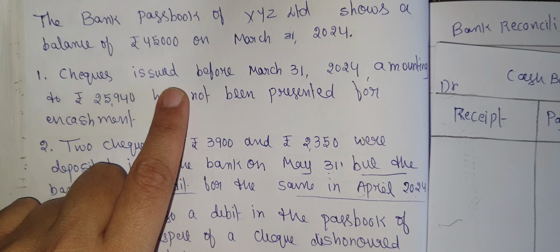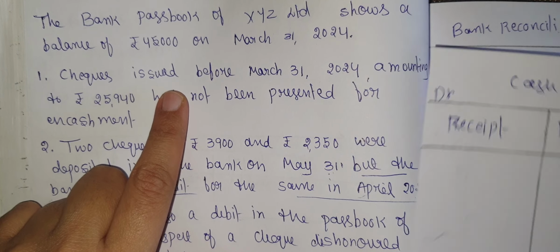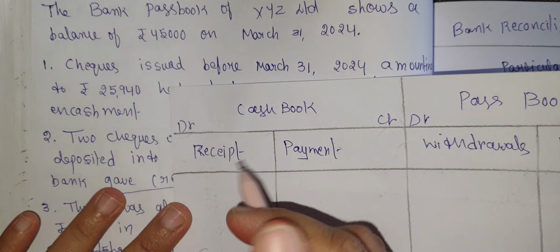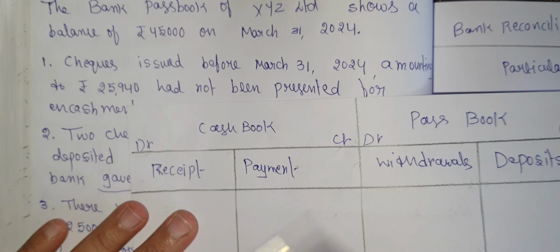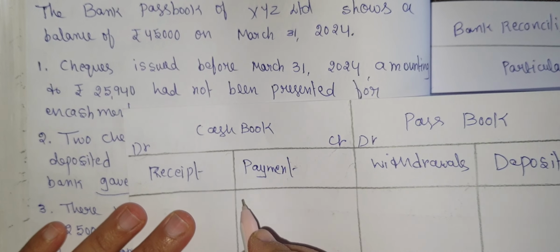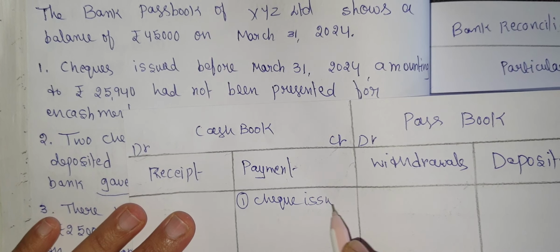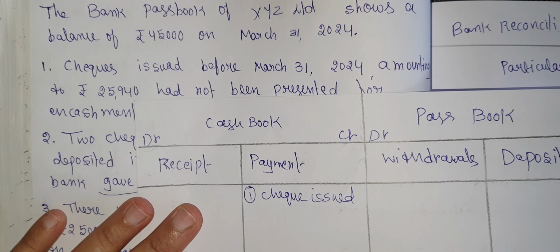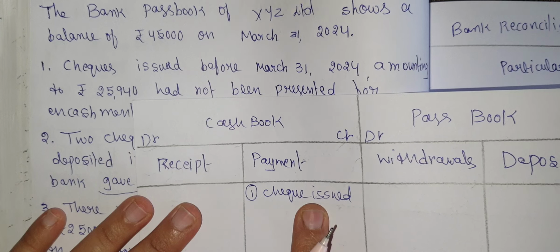Check issued means XYZ Limited issued the check, that is a payment. So in the payment side, the credit side of the cash book, we enter check issued.